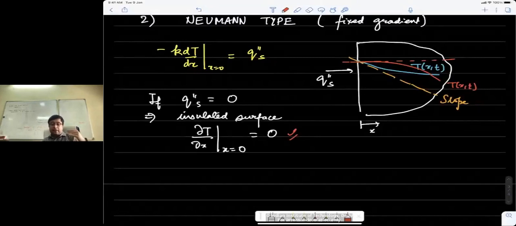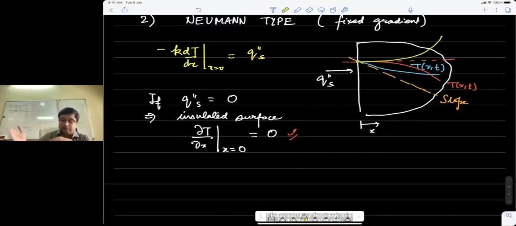Of course, whether the temperature variation will be going downwards, because there's another solution. Somebody might be thinking, why did I draw it this way? The other solution could be a temperature function which could be like this, because that also has 0 slope at x0. Whether it goes up or down depends on which way the heat is traveling.